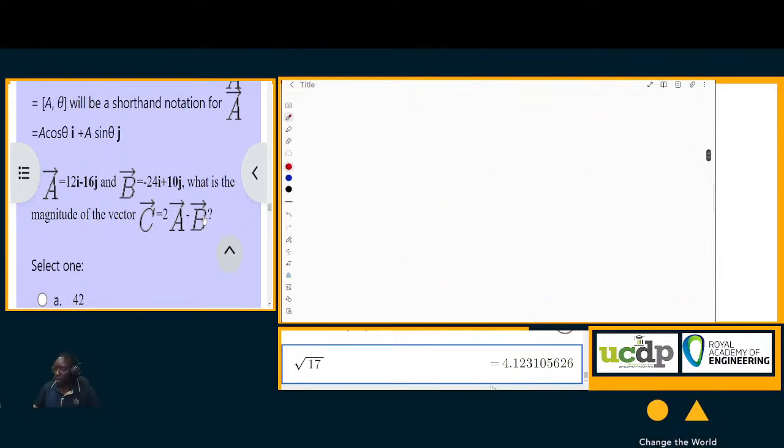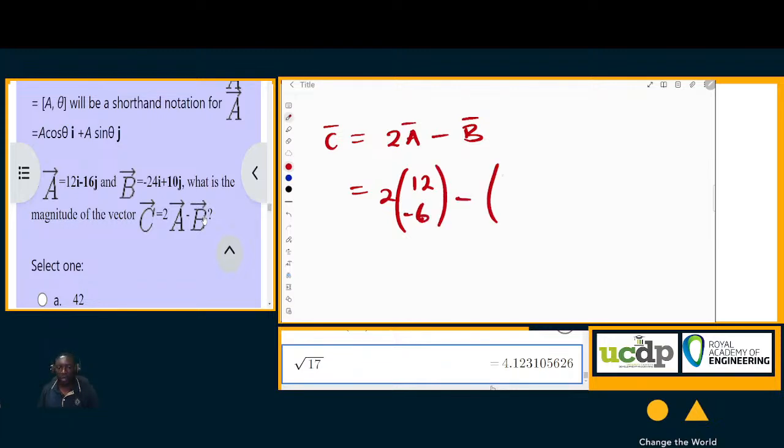So vector C is equal to 2 vector A minus vector B. So 2 vector A is actually 12 and minus 16. Then vector B is minus 24 and 10.